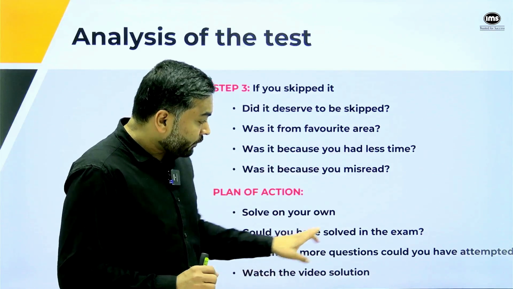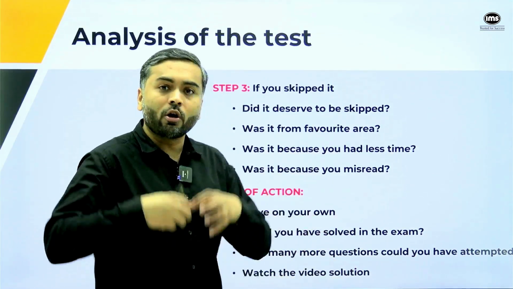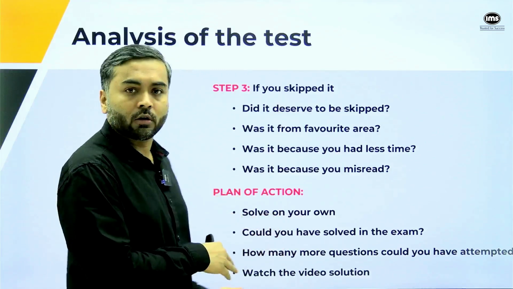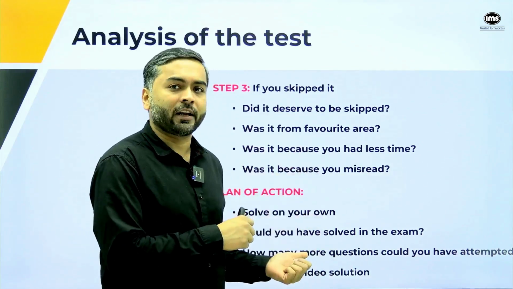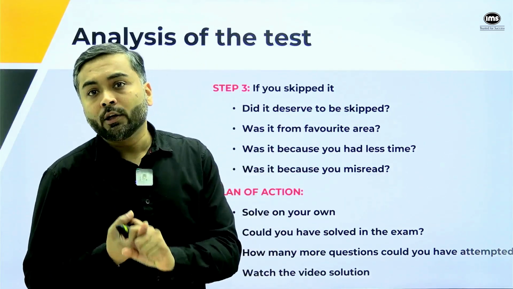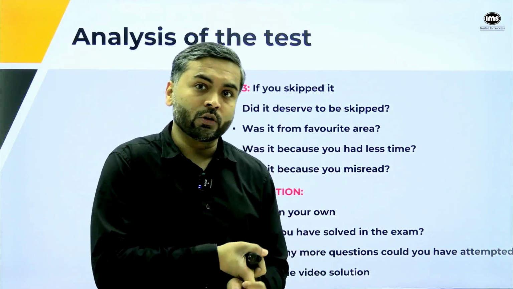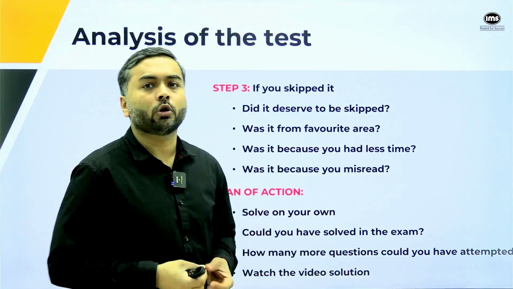And if you could have solved this question in the exam, how many more marks could you have got by attempting it? And again, if you get the skipped question correct, it means that ideally you should have solved it in the exam. And do not forget to watch the video solution.